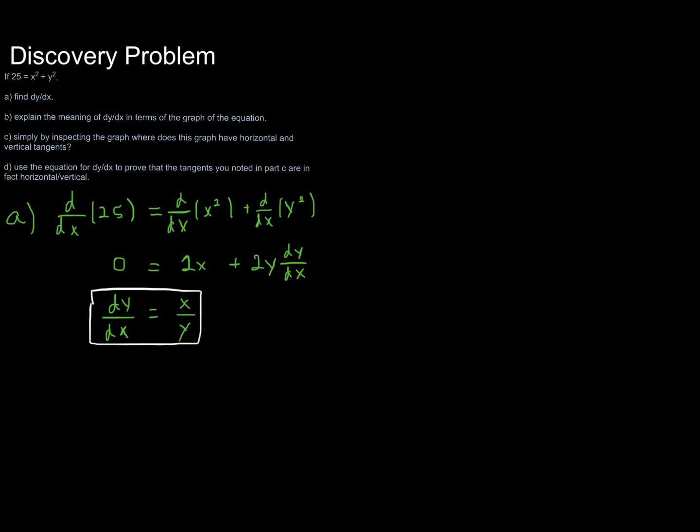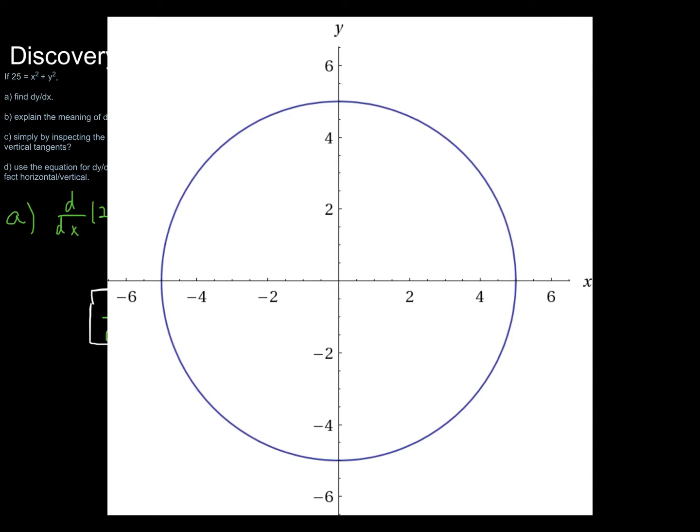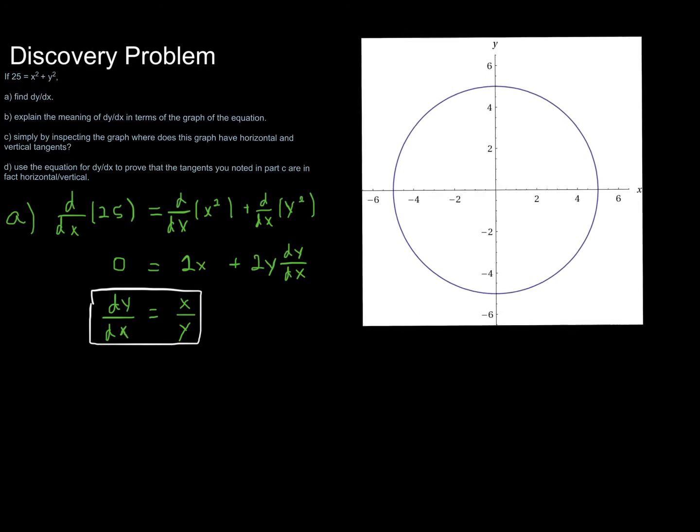And what this means in terms of the graph of this equation, or the curve that we get when we satisfy this equation, is that, just like we've interpreted the derivative the whole way through, the derivative represents the instantaneous rate of change, or the slope at any point along my curve. So if I pull up the curve here, and I'm very bad at drawing circles, so I had Wolfram Alpha draw this one for me.